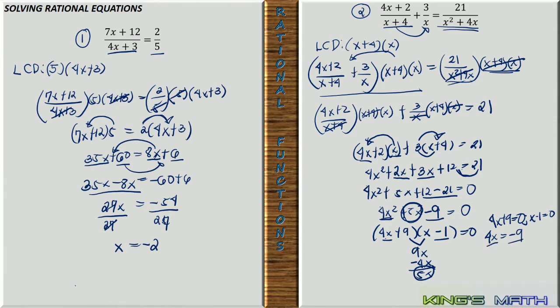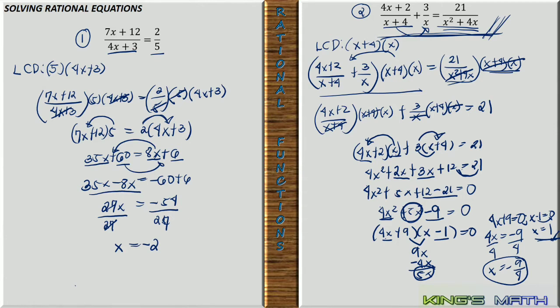Divide both sides by 4, and x will be equal to negative 9 over 4. And in the other factor, x will be equal to 1. Negative, we put it to the right side, it became positive. So the solutions are negative 9 over 4 and positive 1.